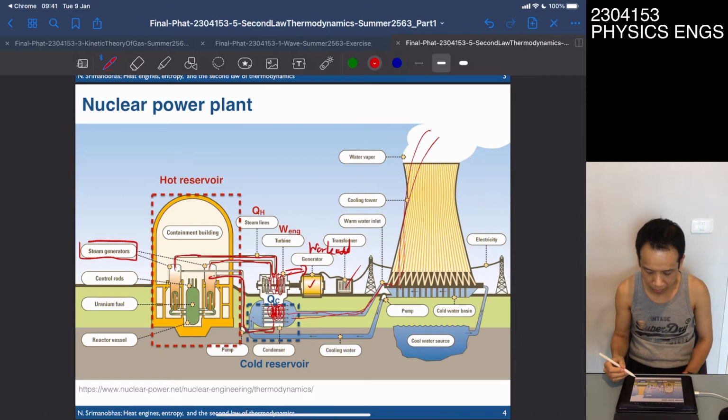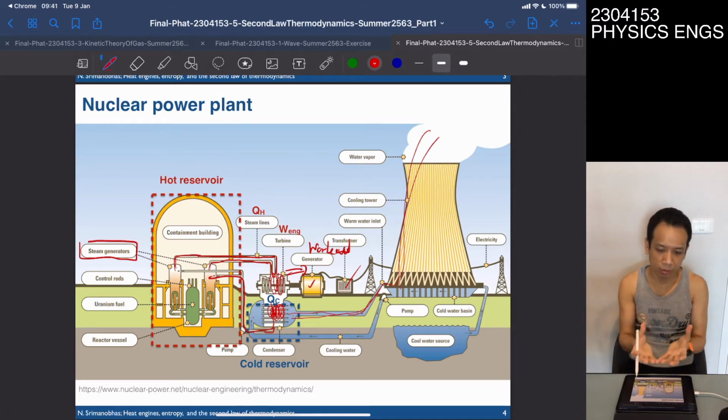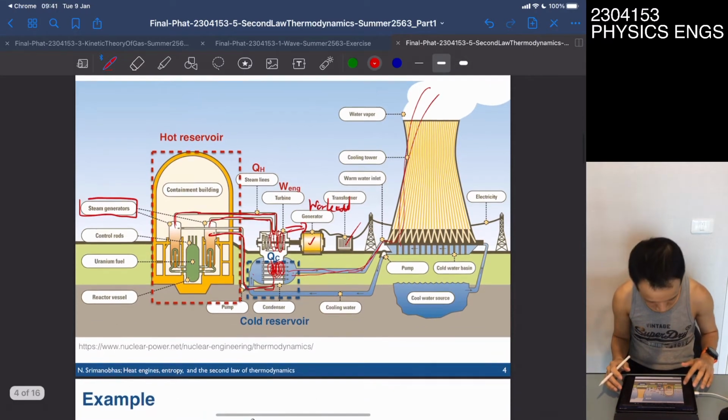So this is how it works in nuclear power plants. You have two reservoirs, one hot and one cold, and when heat transfers from the hot to the cold, some of the heat becomes work.